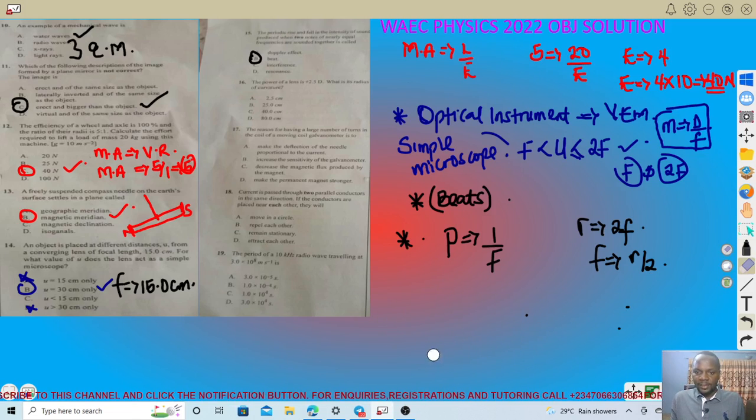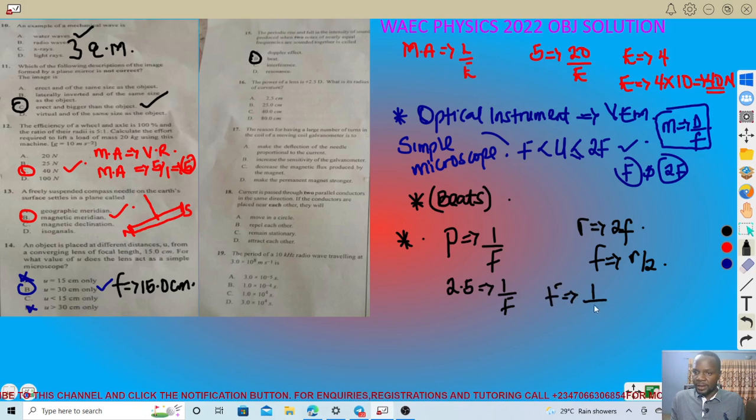The power of the lens is given as 2.5, which is equal to 1 over F. Directly, I can say F equals 1 divided by 2.5, which is 0.4. So the radius will be equal to 2 times 0.4. As I've said, this is twice the focal length, and that is 0.8.